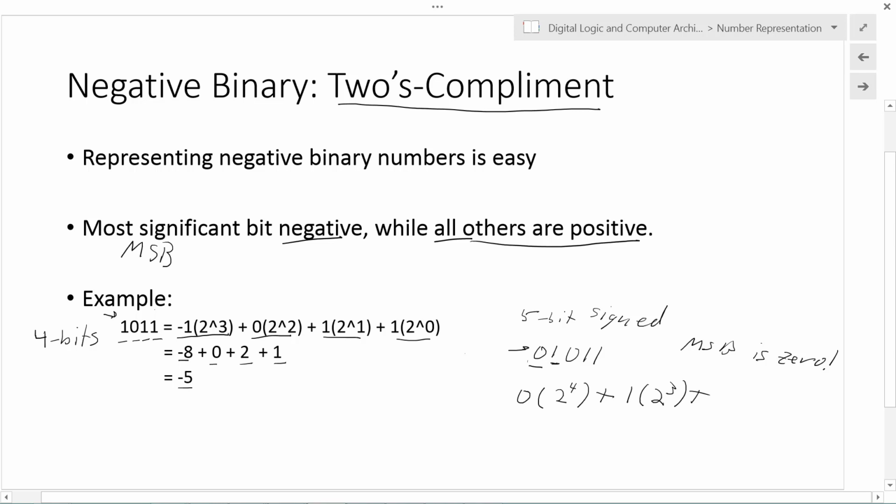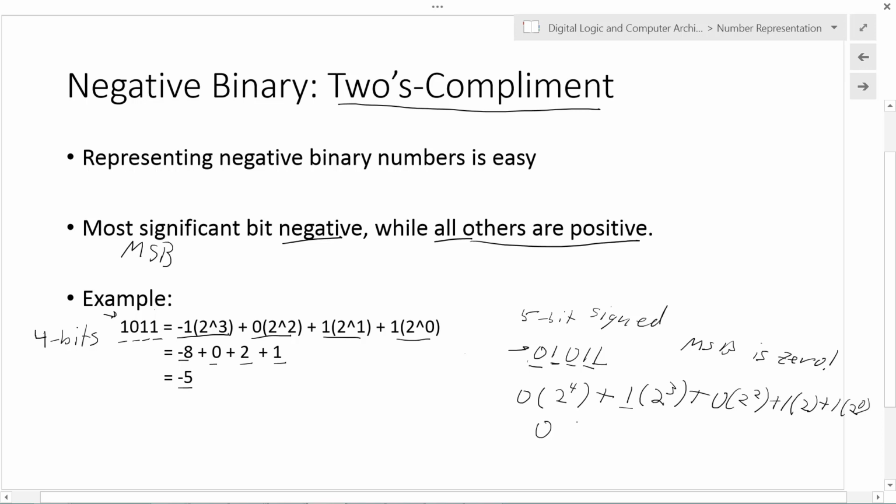So this 1, because it's no longer the most significant bit, we get a positive 1 here. 0 times 2 to the 2 plus 1 times 2 plus 1 times 2 to the 0. So what do we get?